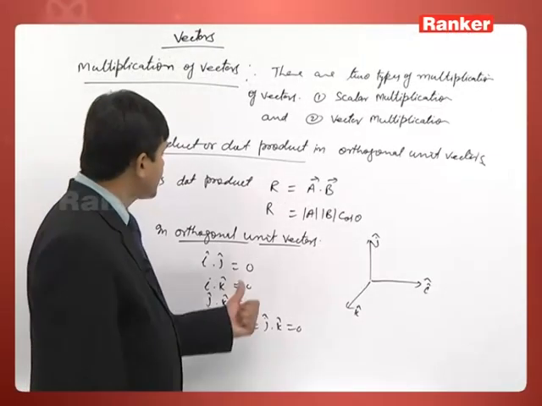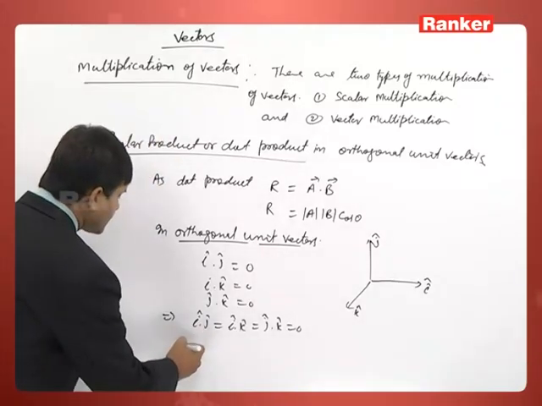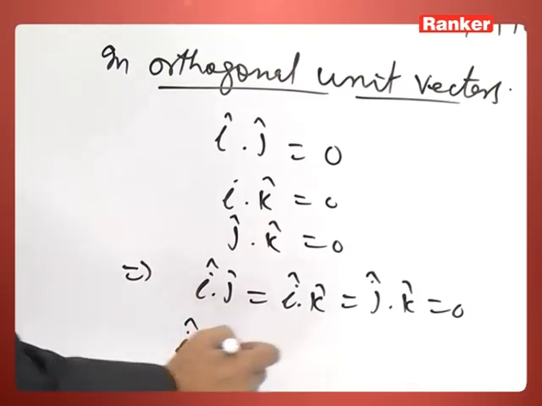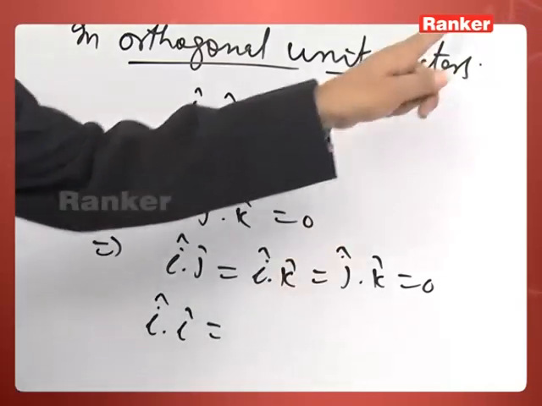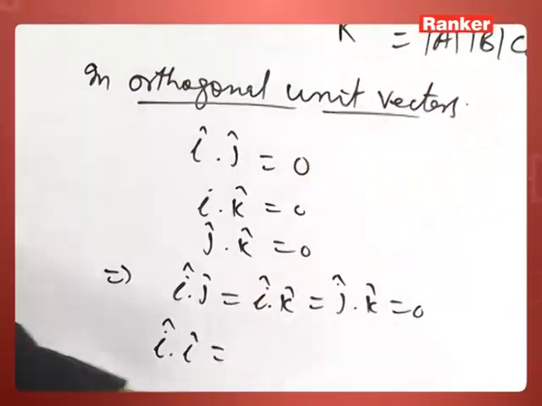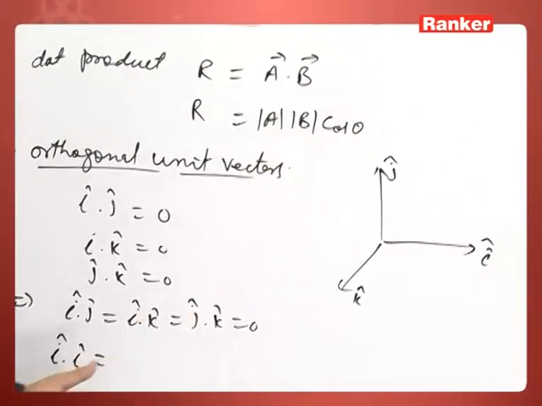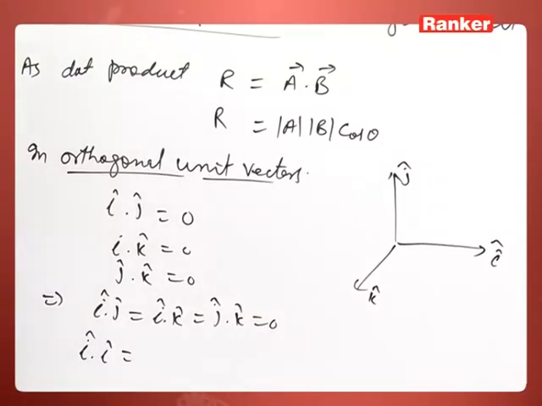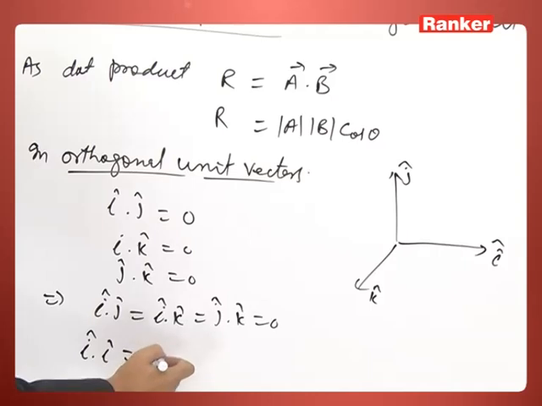But if we multiply the same vector, let's say i dot i, the magnitude of i is 1, the magnitude of the other i is also 1, and both are parallel vectors, so the angle between them is 0. So cos 0 is 1, and i dot i will be 1.